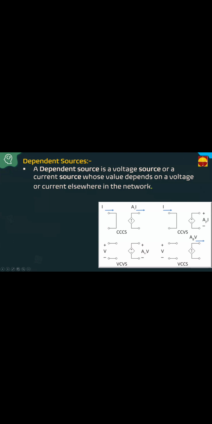Many types of dependent sources are available: dependent voltage sources and dependent current sources. In dependent voltage sources, there are voltage controlled voltage sources and current controlled voltage sources.